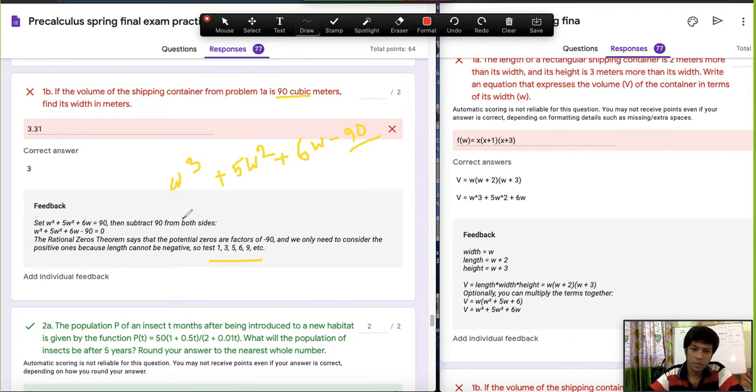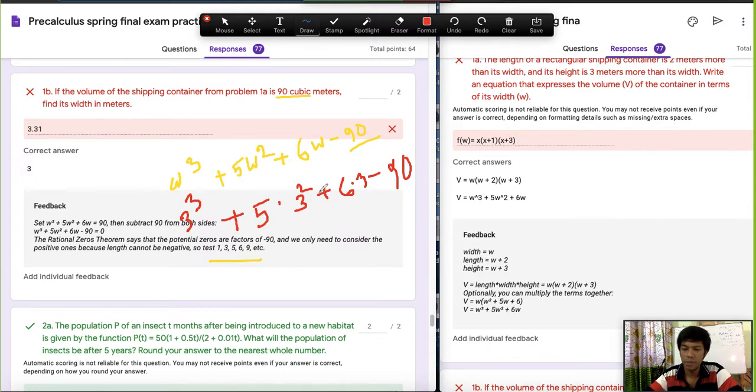If you put 3 here, then 3 cube plus 5 into 3 square plus 6 into 3. You do not have to show any of this work, you can do it as rough work on your paper and just write the answer. 3 cube means 27, 3 square means 9, 9 into 5 means 45, 6 into 3 means 18.